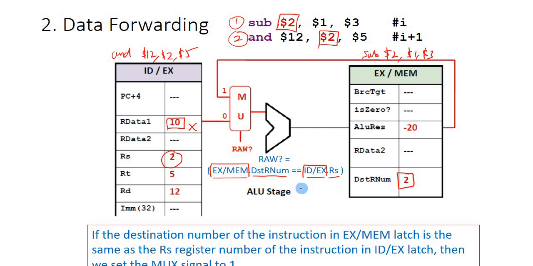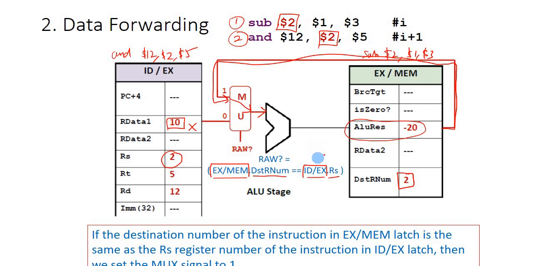I should actually take the data, which is the ALU result, to be used as the input over here. That means this ALU result that is connected here should be channeled back here as the input to the ALU. Let me repeat that again.